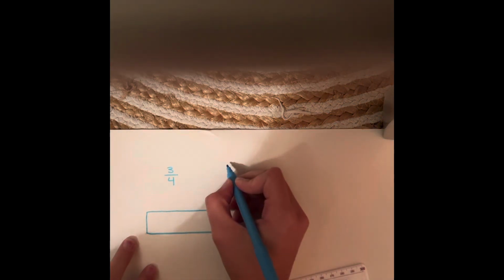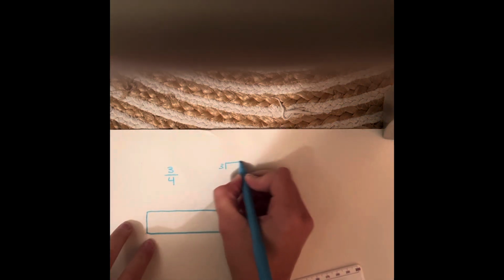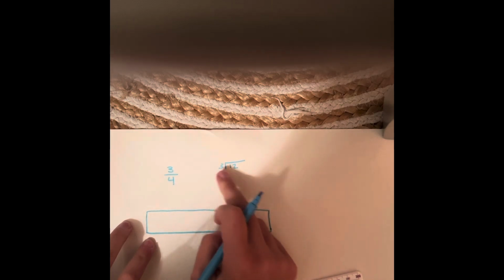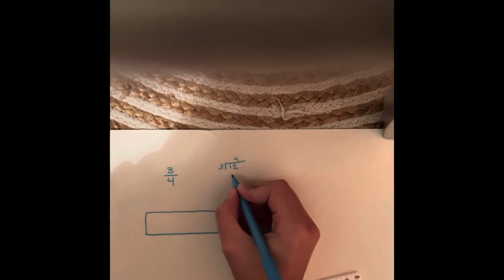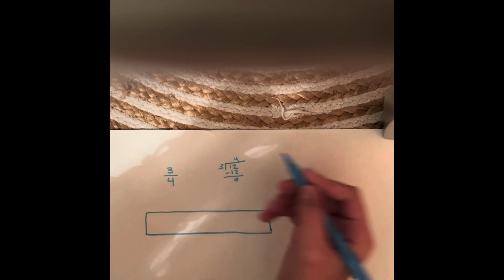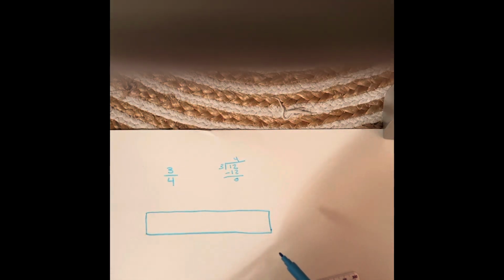Well, what is 12 divided by 3? So if we do 12 divided by 3, how many times is 3 going into 12? 4, correct. And then that's 12. You subtract that, and that's 0. So we need to divide that into 3 parts.